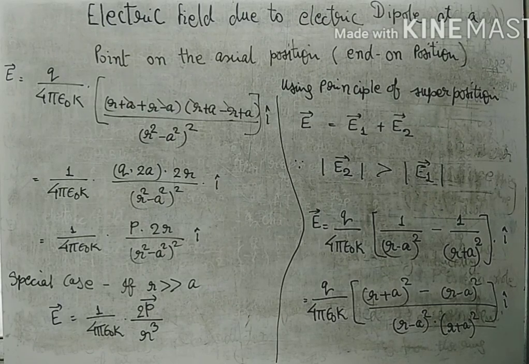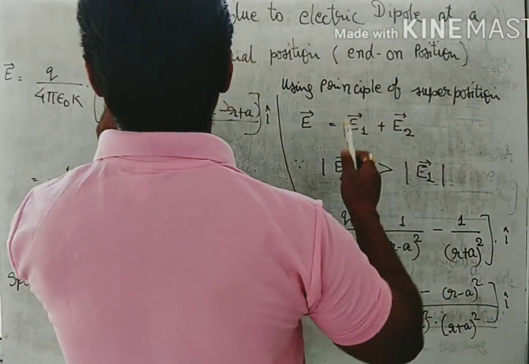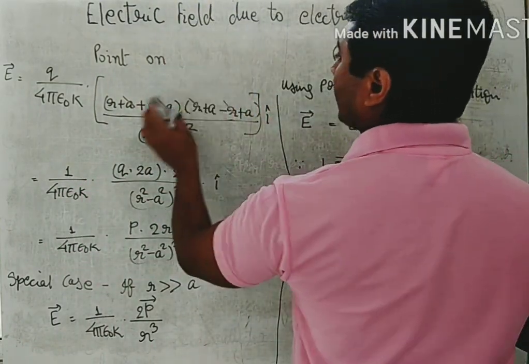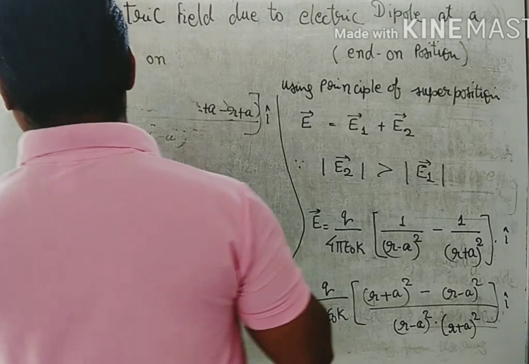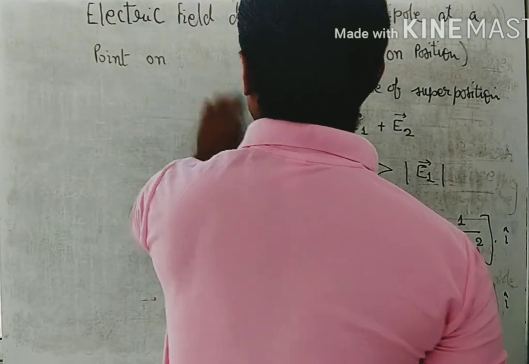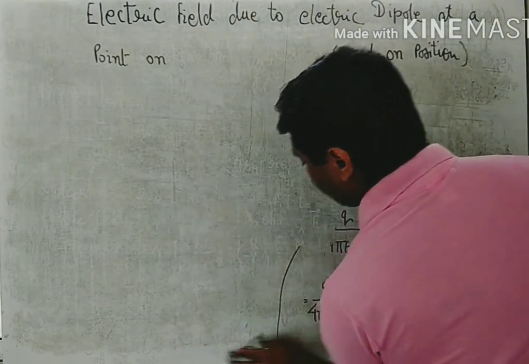Let's have the last topic of today, and that will be the electric field due to the electric dipole at a point on the broadside on or the equatorial position of the dipole. So that's the last topic of today.